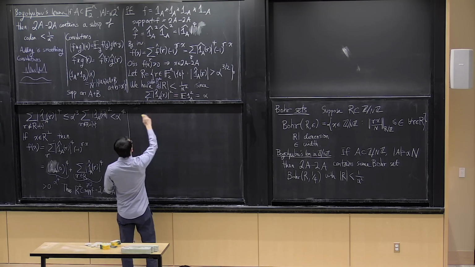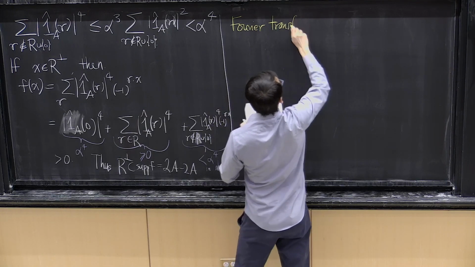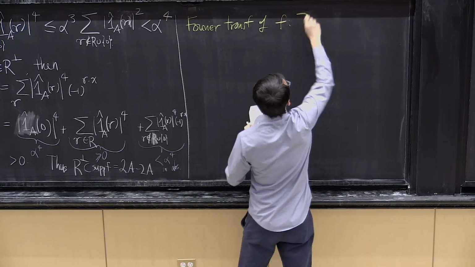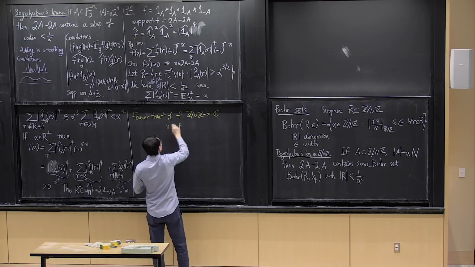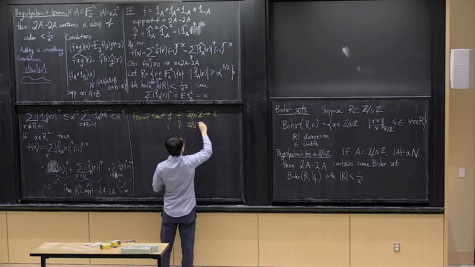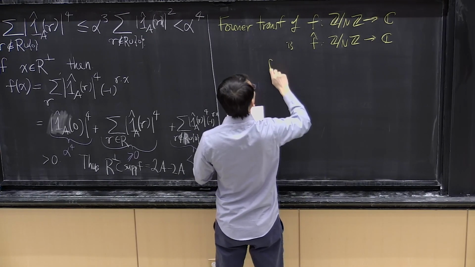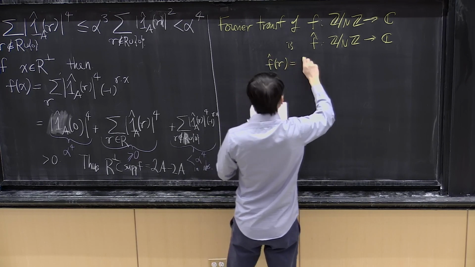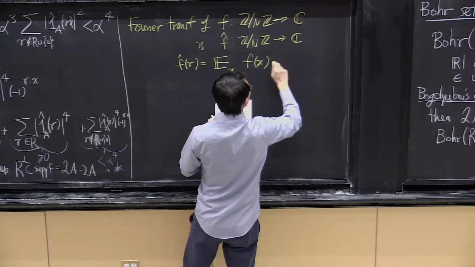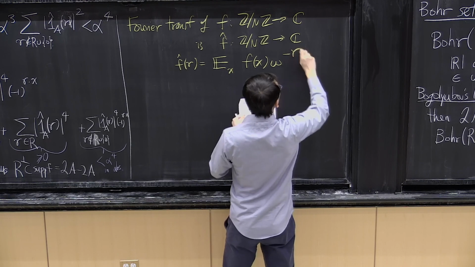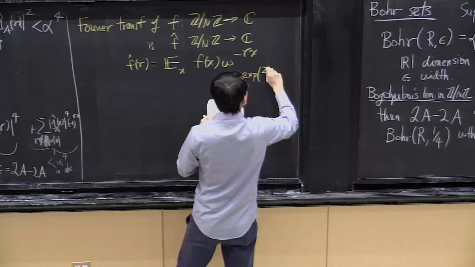So the Fourier transform of a function f from Z mod n to the complex numbers is a function also on Z mod n, defined by f hat of r equals the expectation over x in Z mod n of f of x times omega to the minus rx, where omega is a primitive nth root of unity.